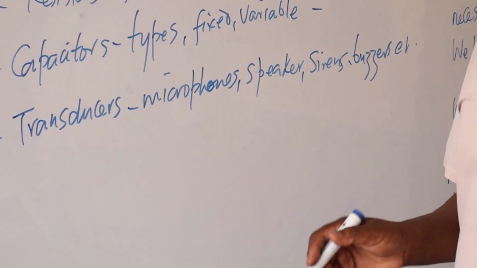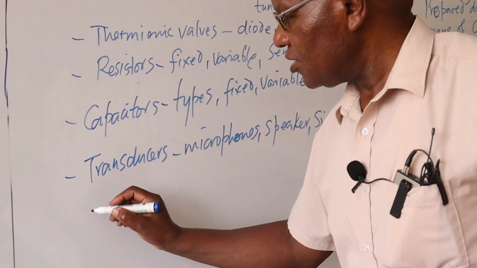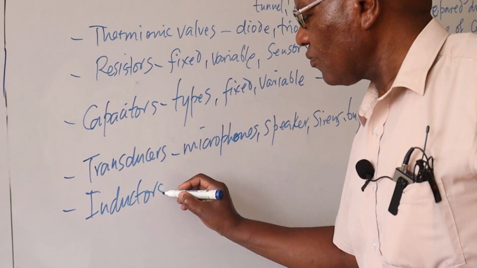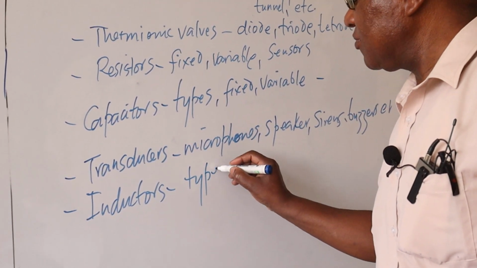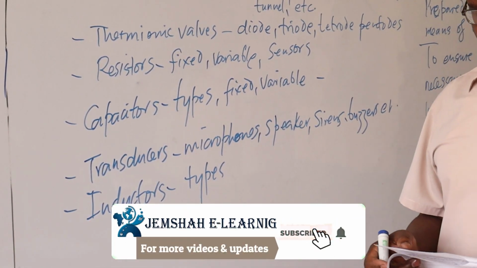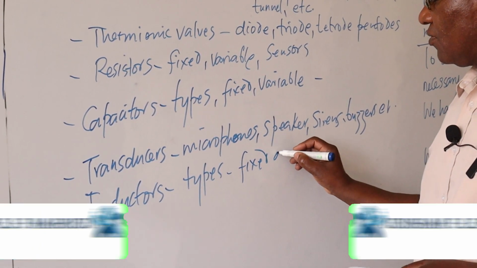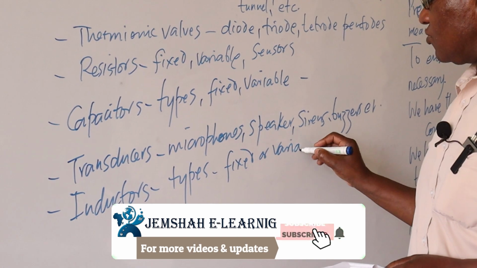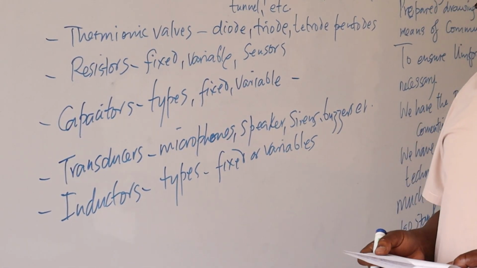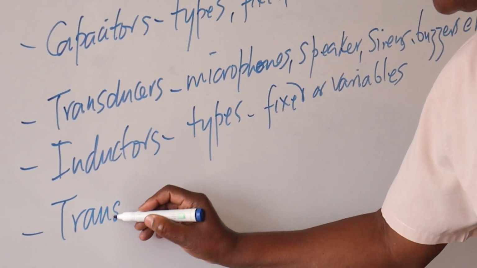Again, the list is endless. You have got inductors, coils. Again, these ones come with types. You have got inductors for low frequency, others for high frequencies. Again, they can also be fixed or variable. All these symbols you are supposed to be familiar with to use them in your drawing so that there is no ambiguity. You've also got transformers.